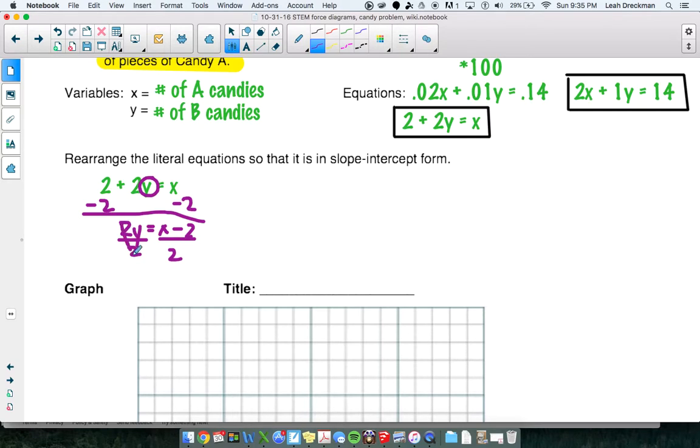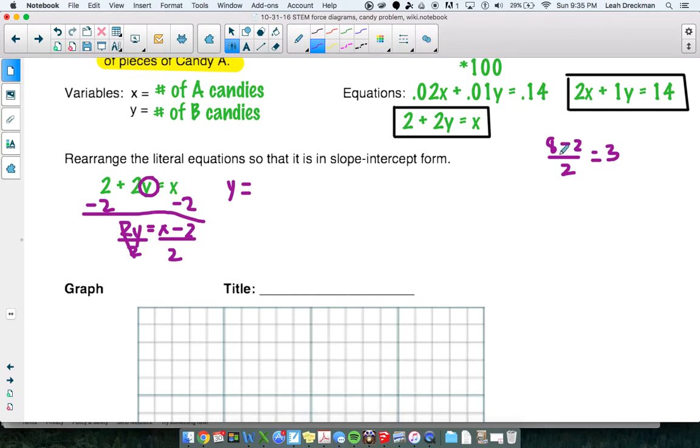And then here, so now y is by itself. All right, so we get y equals... Okay, this is the part you've got to be a little careful on, because let me just do this off to the side. If I said to you 8 minus 2 divided by 2 is equal to 3, I think most of you would agree that 8 minus 2 is 6, divided by 2 is 3.